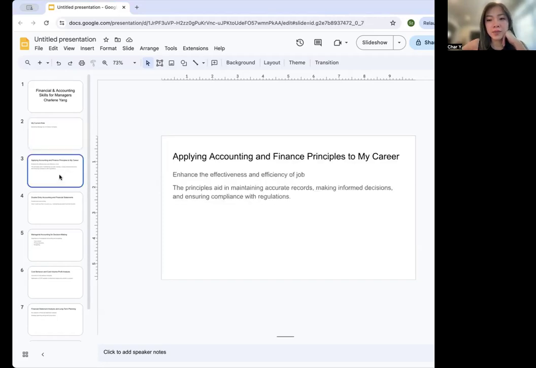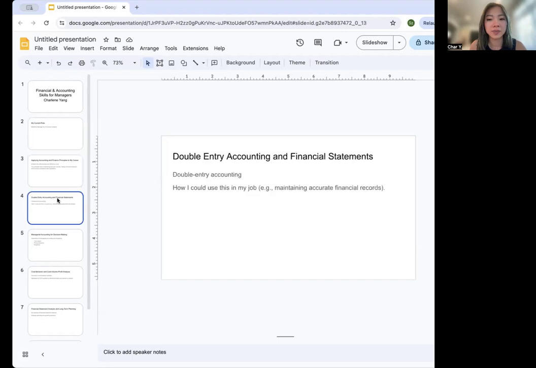First, I believe that accounting and finance principles can enhance the effectiveness and the efficiency of my job. The principles obviously aid in helping maintain accurate records, making informed decisions, and ensuring compliance with regulations.